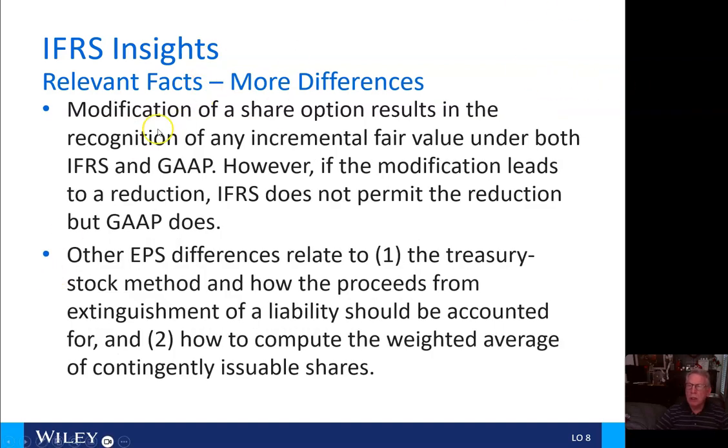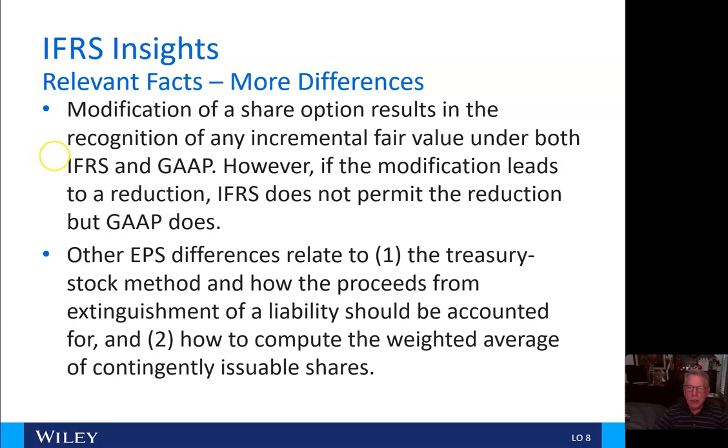More differences include modification of a share option results in the recognition of any incremental fair value under both IFRS and GAAP. However, if the modification leads to a reduction, IFRS does not permit the reduction, but GAAP does.